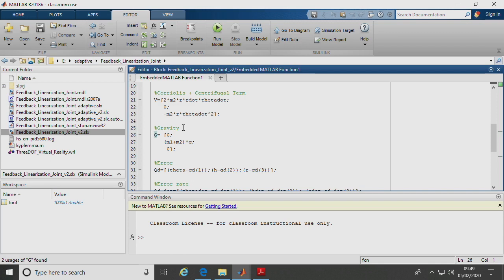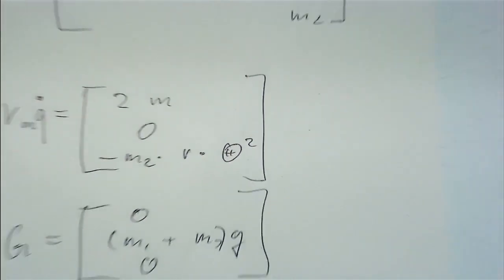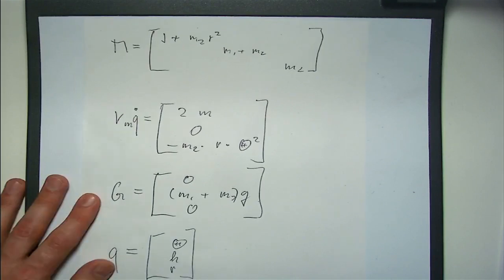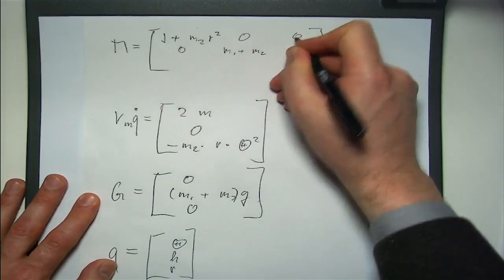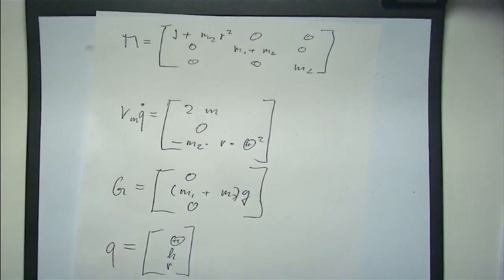As an example, we have a q, and I bring this up in a minute, which has a theta, an h, and an r.